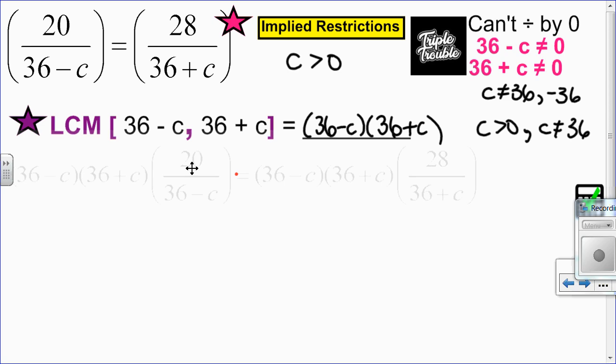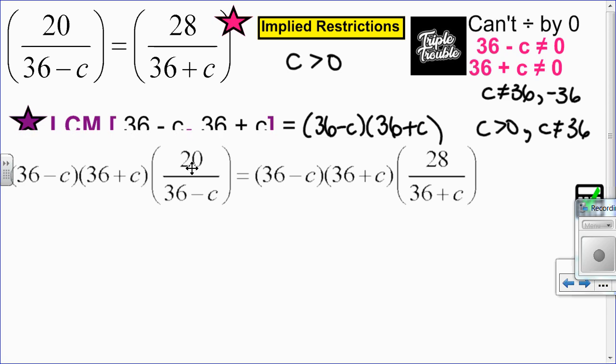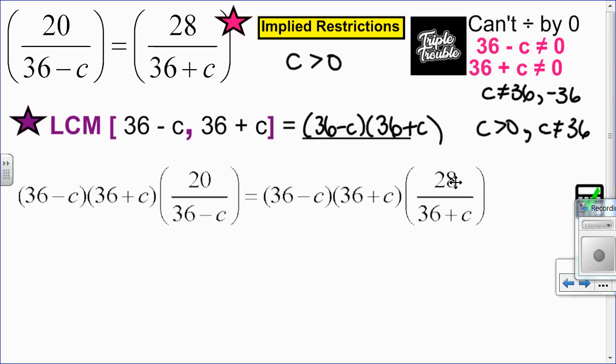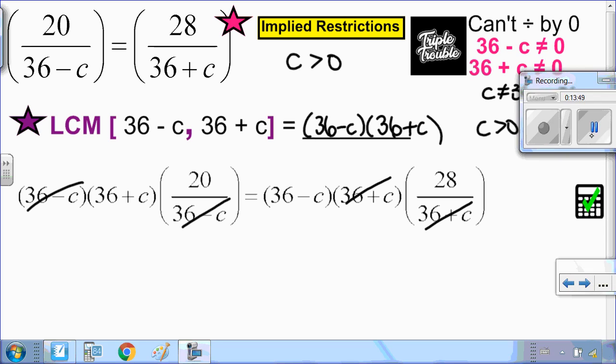So I'm going to multiply each term, both sides of the equation, by the lowest common multiple and look for things to cancel. So multiplying by 36 minus C and dividing are inverse operations. They undo each other. Multiplying and dividing, those are inverse operations and they undo each other. So now we're just going to apply the distributive property.